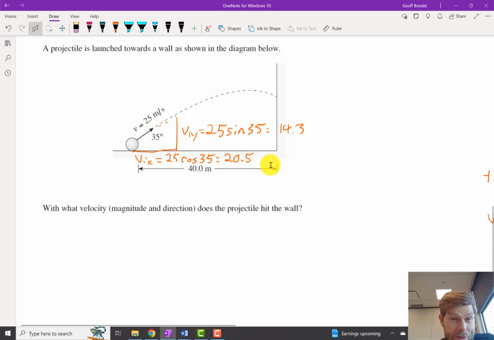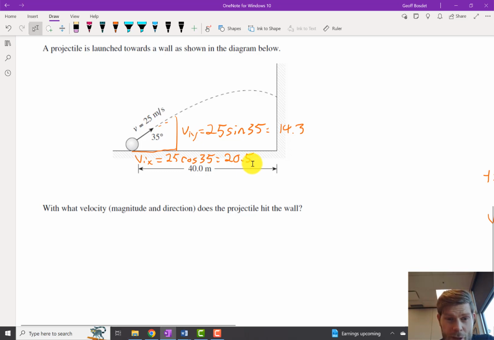I'd sure like to know the time it was in the air. Now with the last question, we had enough information vertically to figure out the time. But in this one, it's horizontally. There's no side gravity. It went 40 meters. It's going about 20 meters every second.